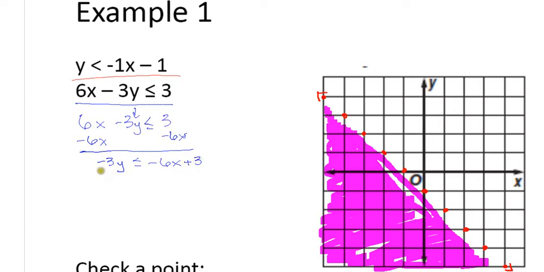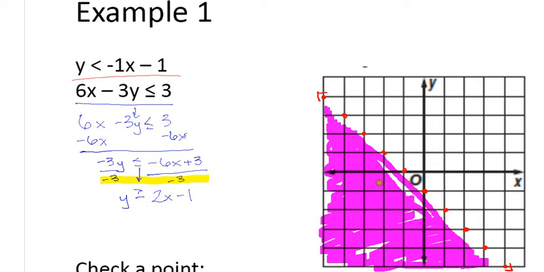I'm dividing both sides by negative 3. Since I've divided by a negative number, when I bring down this inequality sign, I have to flip it. And I'm left with y is greater than or equal to, negative 6 divided by negative 3 is 2, so 2x minus 1. So I've got y is greater than or equal to 2x minus 1.